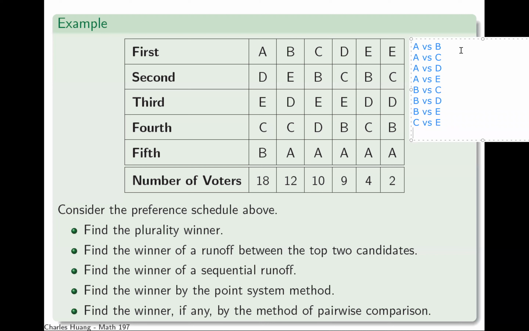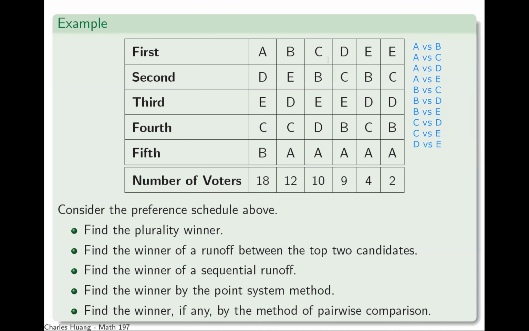So it's quite a little bit of work. C versus D, C versus E, and then of course D versus E. Now in each of them, we have to do A and B voting, and we have to go through the preference table.